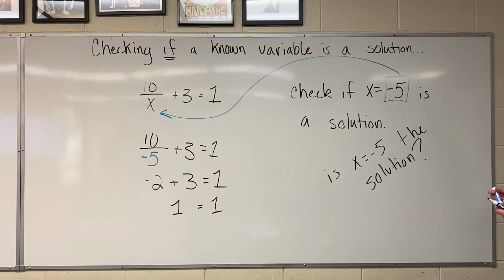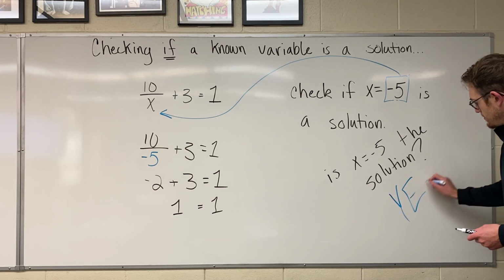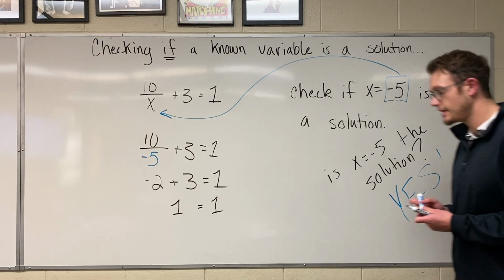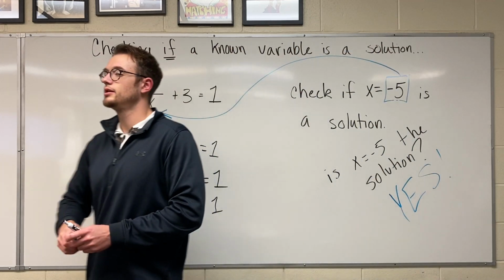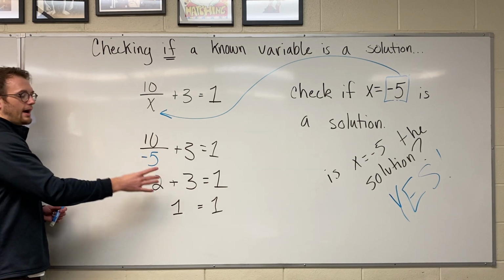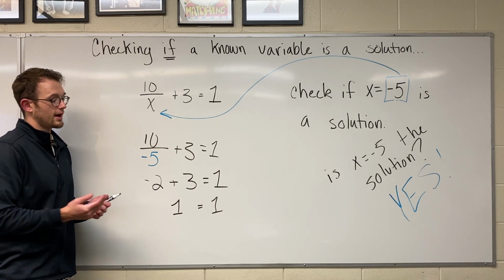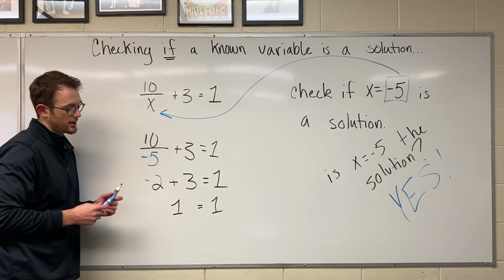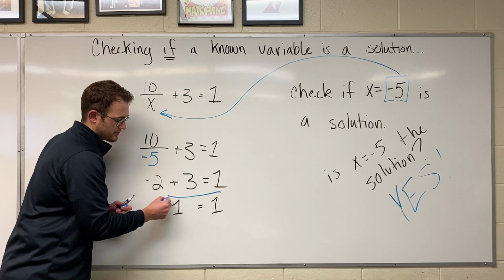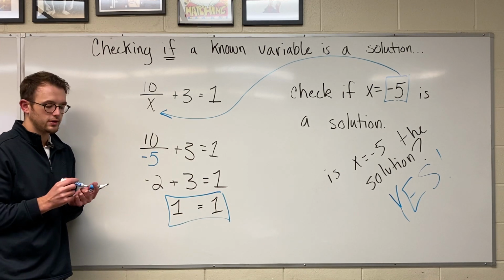And the answer is yes, it is the solution, because when I substitute it in for x, I get an equivalent statement. 1 equals 1. That is true. Those are equivalent.